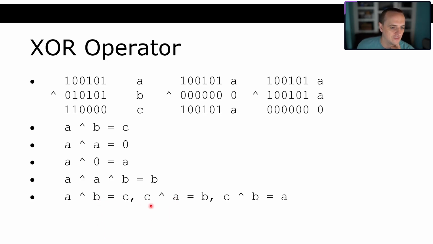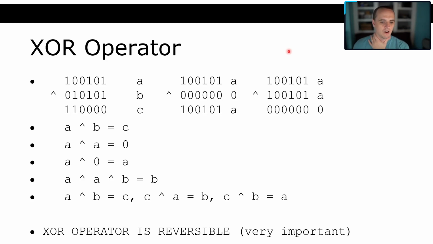So C XOR A is B and C XOR B is A. If you take any two of these and XOR them together, you get the third one, which is really, really cool. All right, so the XOR operator is reversible, which is super, super cool.